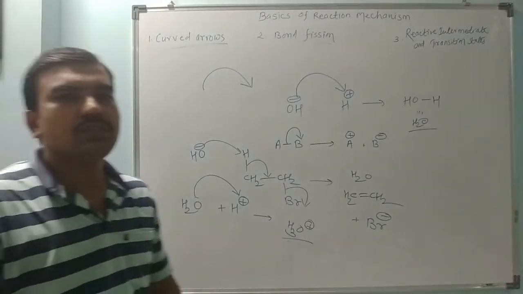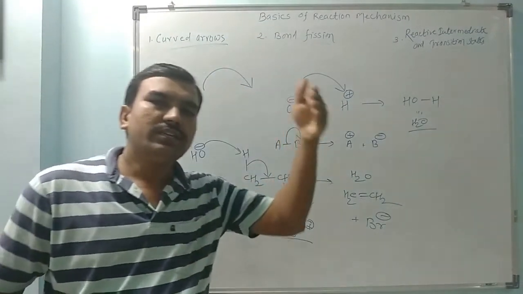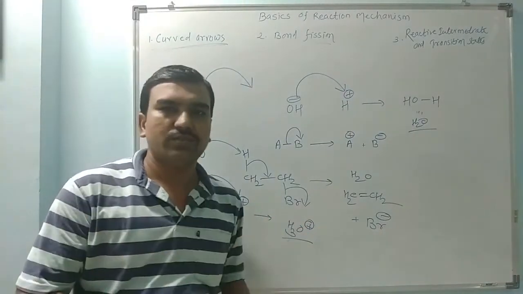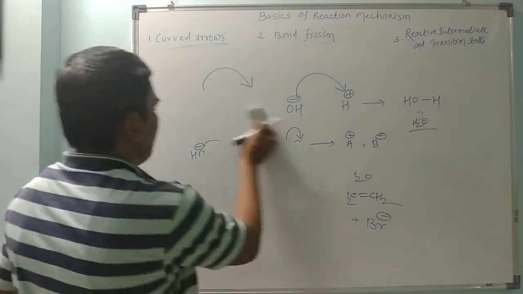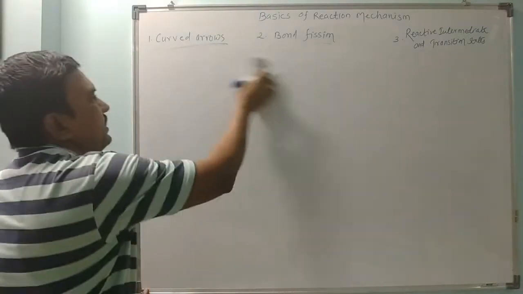When the arrow is pointed at a neutral species, then that neutral species will get negative charge. So in this way, showing curved arrows is very important for understanding reaction mechanism.